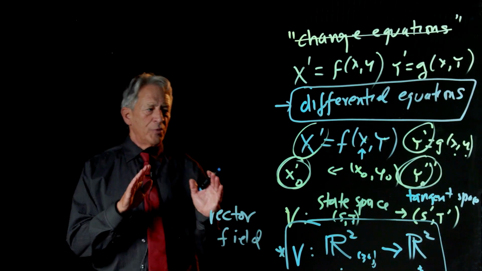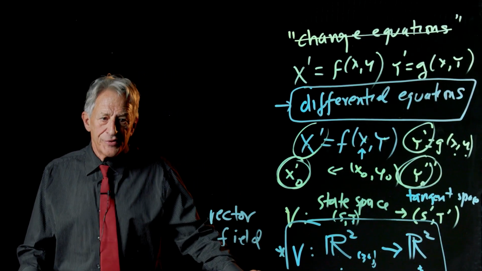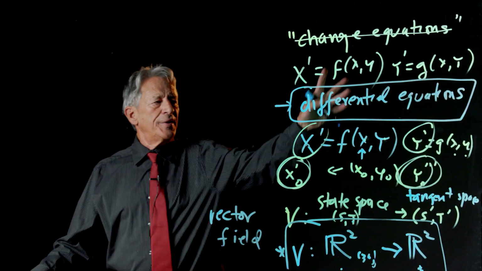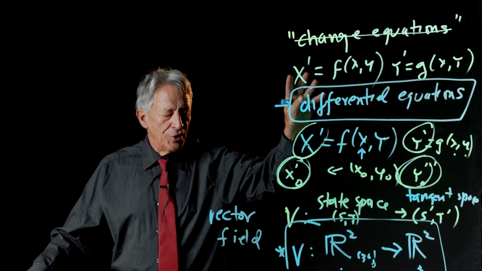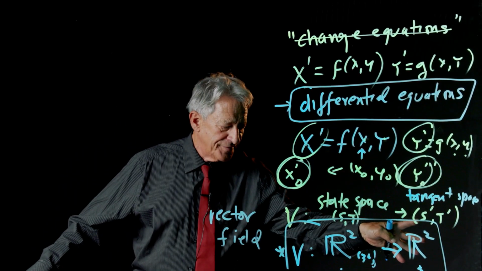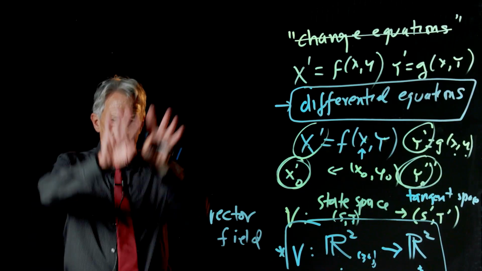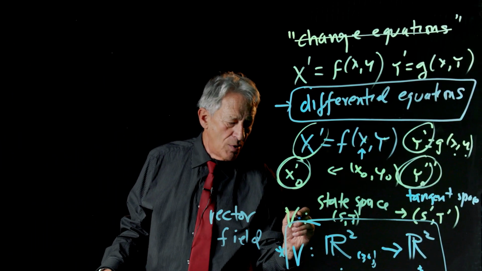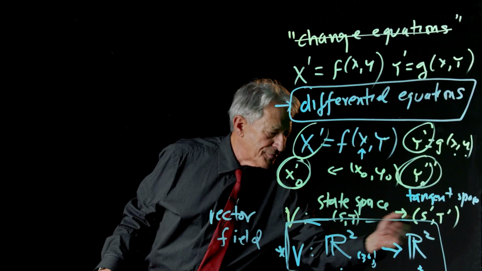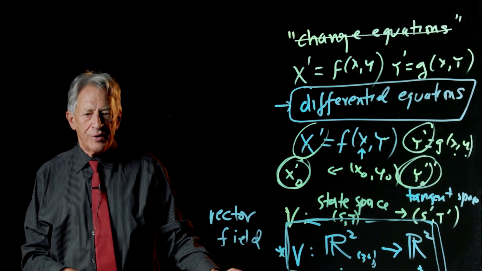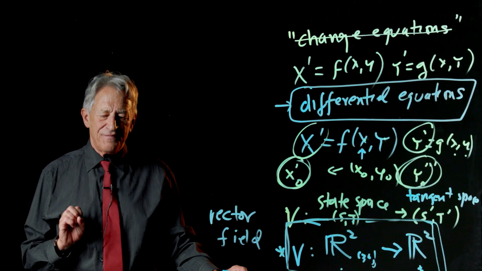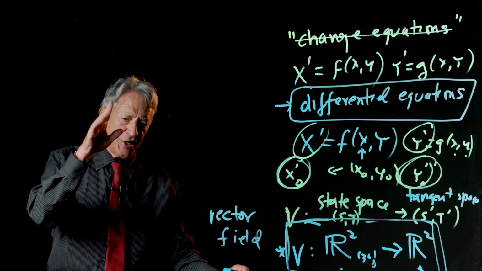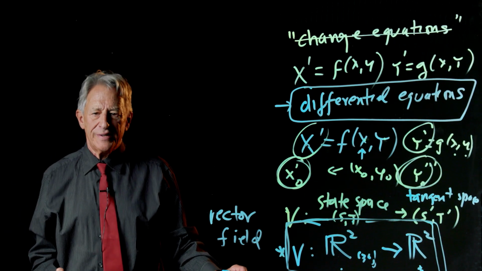And so when we study differential equations, we're merely using the differential equation to set up the vector field. And the vector field is going to tell us how things flow. And this is how we're going to use this differential equation. This is really better seen as a function that assigns change vectors to every point in state space.